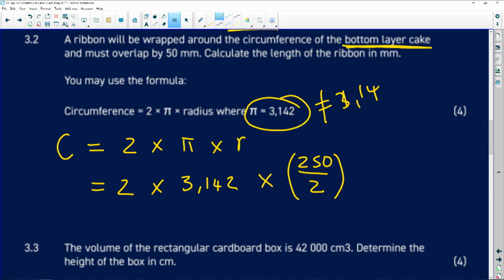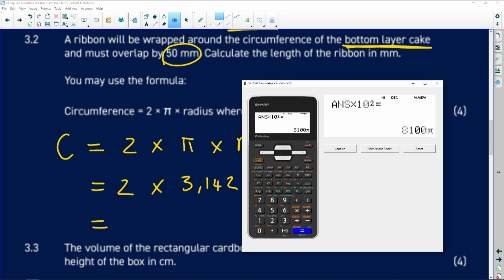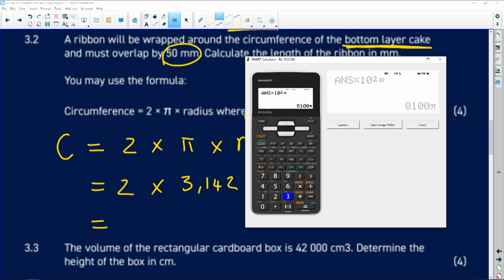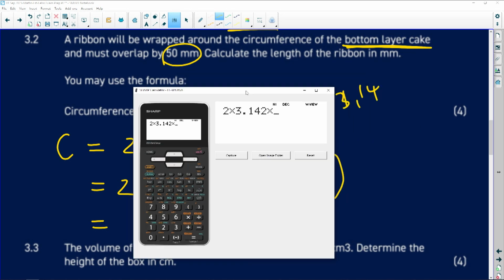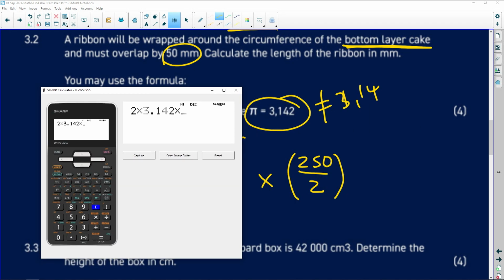And then out of this entire question, at the end, I need to add my overlap. So let me not confuse you and do it as it is first. Whenever you are asked for an overlap, you just add the overlap at the end. 2 times 3,142 times 250 divided by 2.